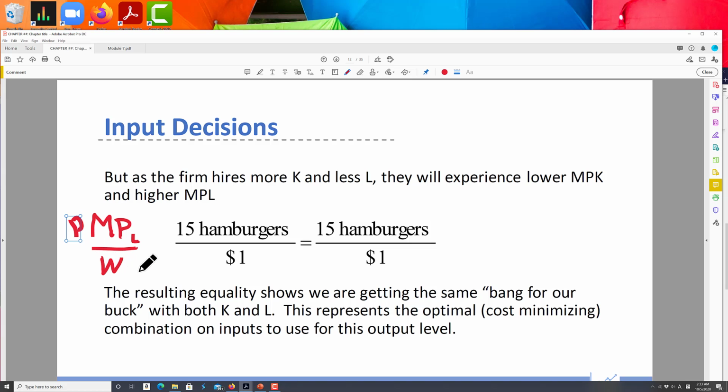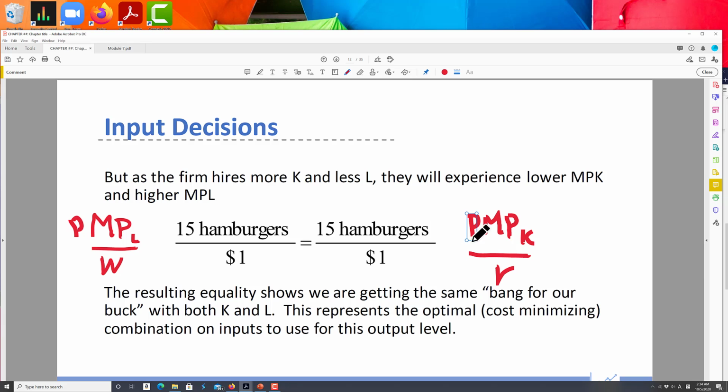We need to compare these two. Likewise, the value of marginal product of capital to rent ratio.